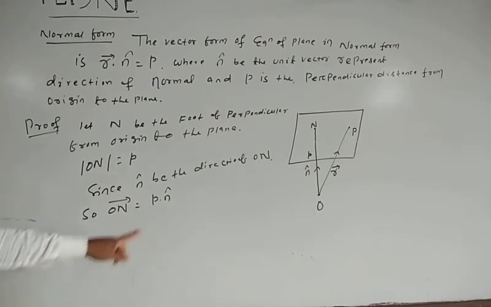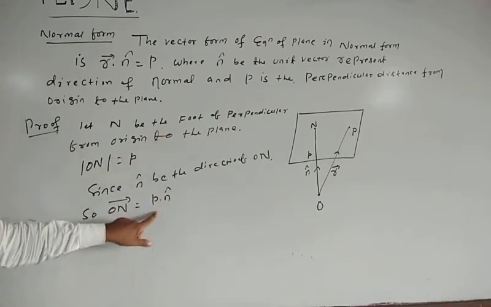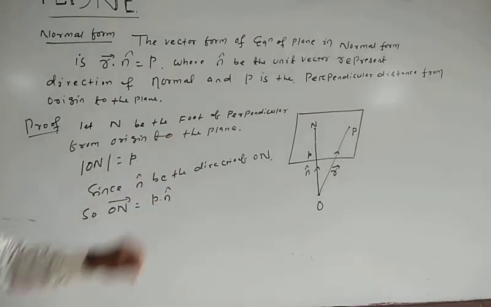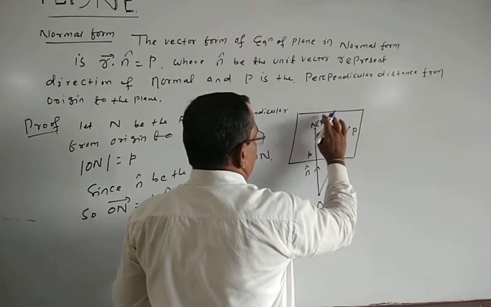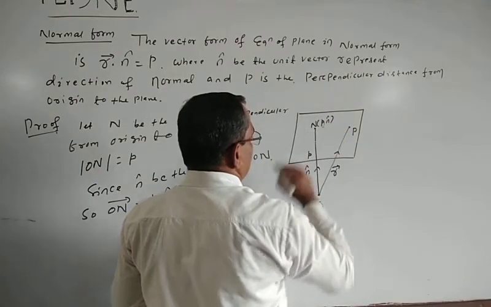So its magnitude is p, and the direction of the ON vector is n cap. That means the position vector of N is p n cap.